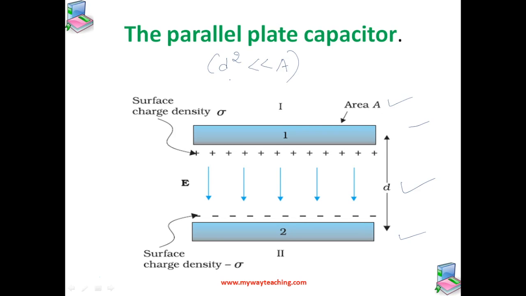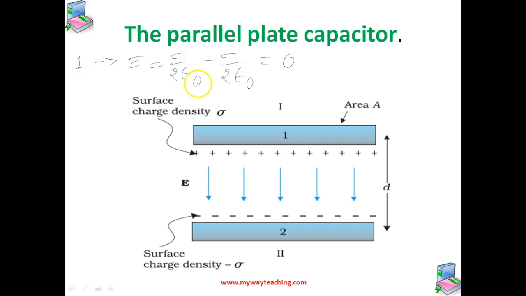Plate 1 has surface charge density Q by A, and plate 2 has minus Q by A. So the electric field in different regions: at outer region 1, the electric field is given by sigma by 2 epsilon naught minus sigma by 2 epsilon naught, which is equal to 0.